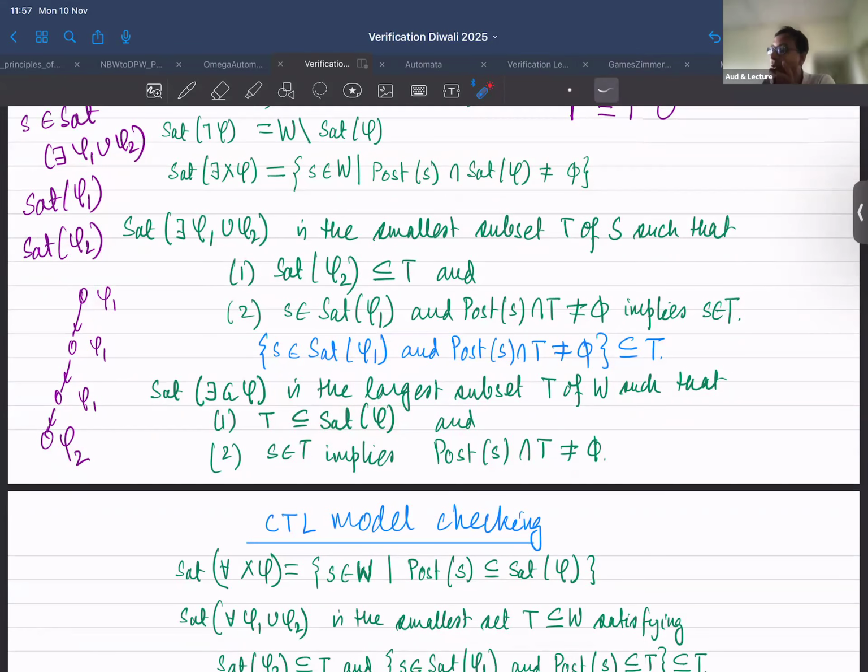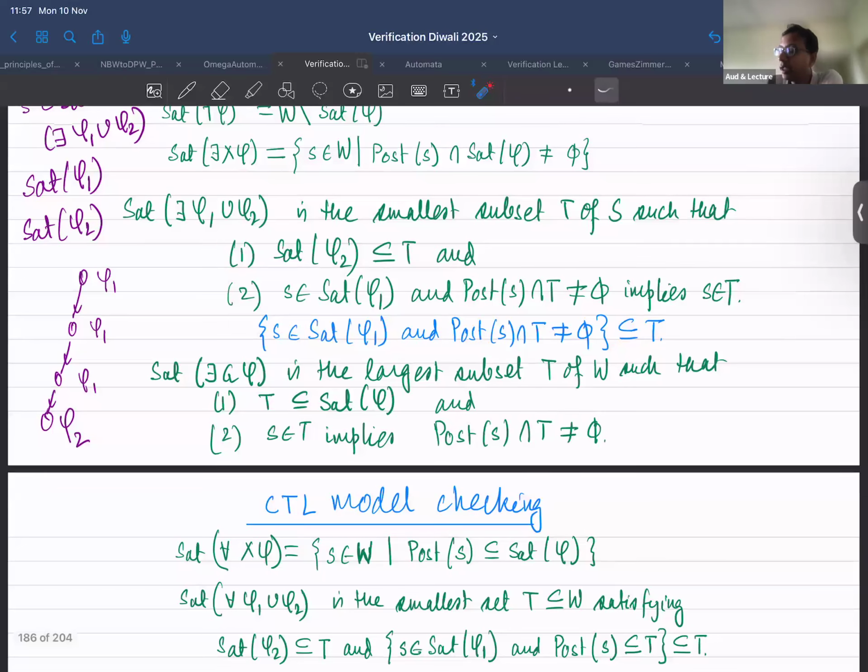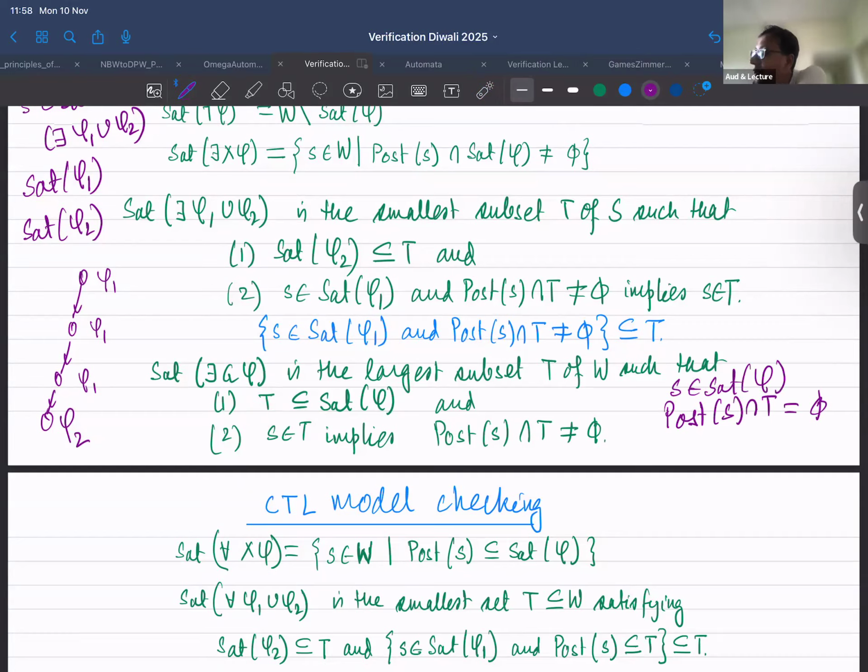Okay. So we'll see again in more details how we are computing, but essentially I will start with such a T, first this set, and then if I see that my post S intersection T is empty, correct? And also I should have that S belongs to sat of phi. Okay, so I should consider only such states that S should belong to set of phi, right?